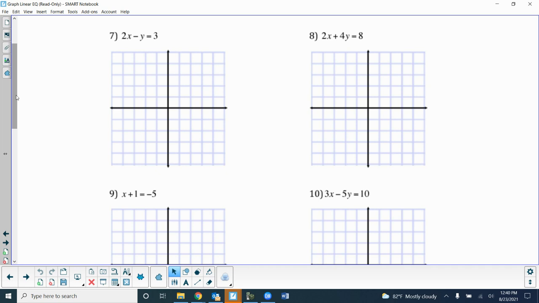It's on the opposite side, so it's negative 1y if you're dividing by negative 1. It doesn't make a difference where you put it. I didn't write it that way, I did 3 minus 2x.